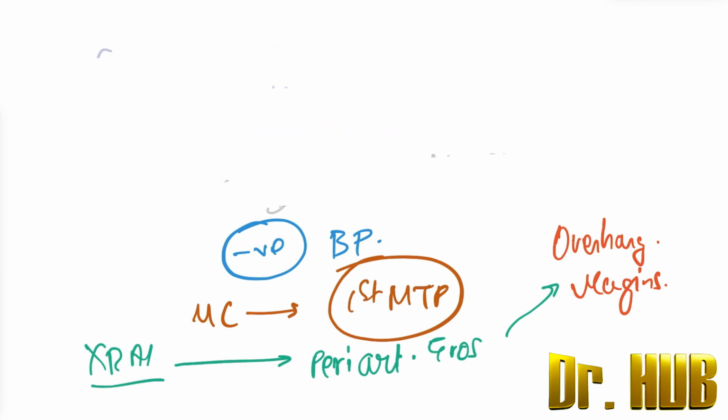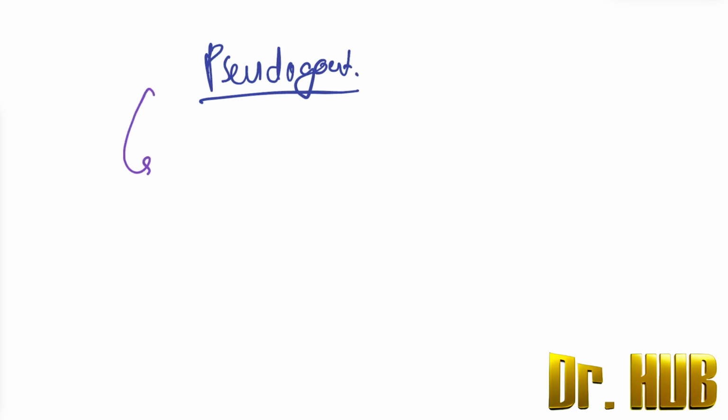Next, what we are going to look at is pseudogout. In terms of pseudogout, the crystal composition involves calcium pyrophosphate, whereas in gout it was monosodium urate. In pseudogout it is going to be CPPD, that is calcium pyrophosphate.